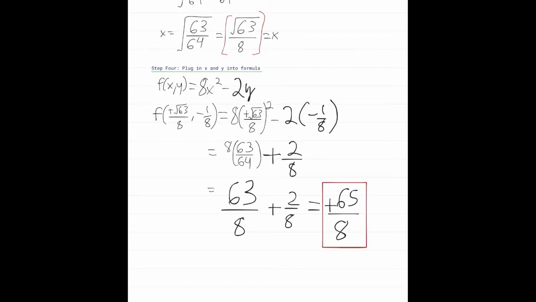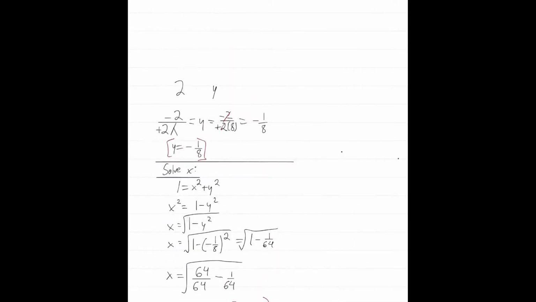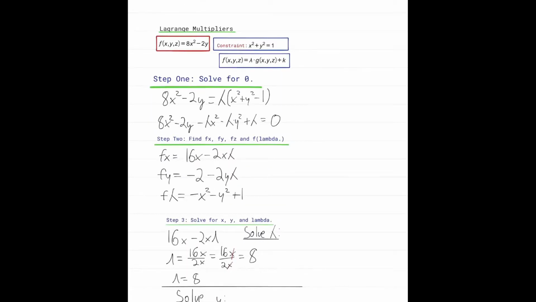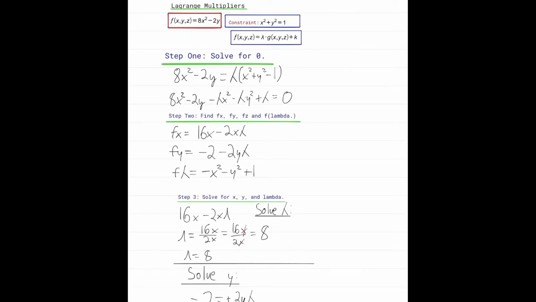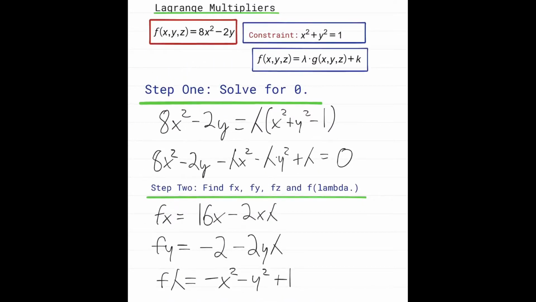And that's the answer. So in quick retrospect, what did we do to solve this Lagrange multiplier? In step 1, all we did was solve for 0. We identified the constraint, which was x squared plus y squared is equal to 1. We applied the formula, which is f of xyz is equal to lambda of g of xyz plus k of the function. So all we did in step 1 was identify that g of xyz is equal to our constraint. We solve for 0.